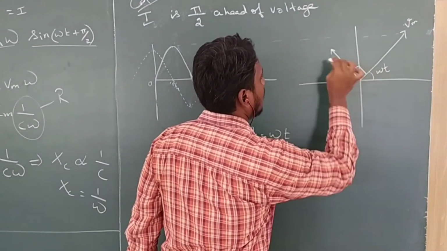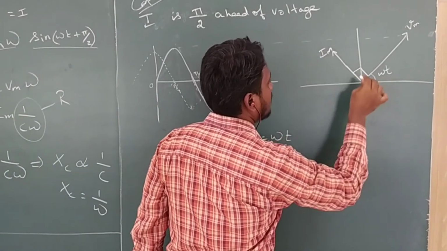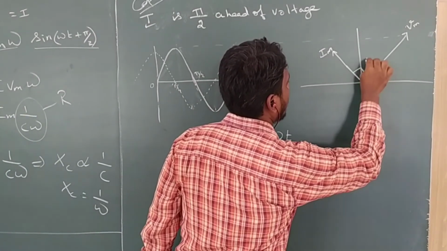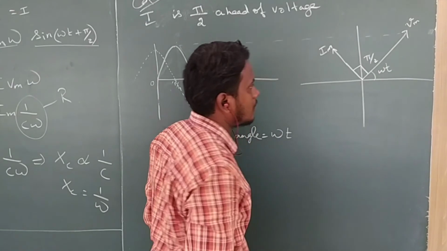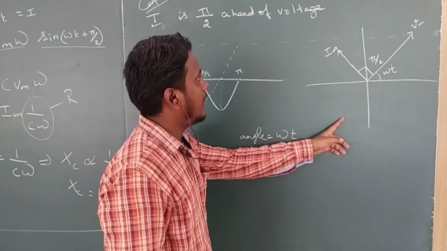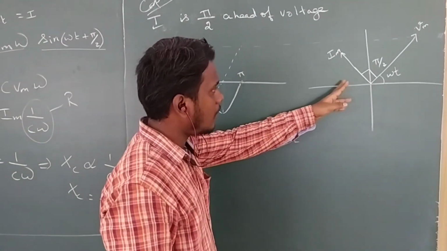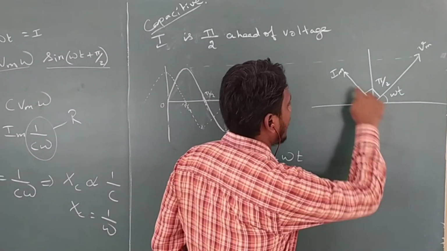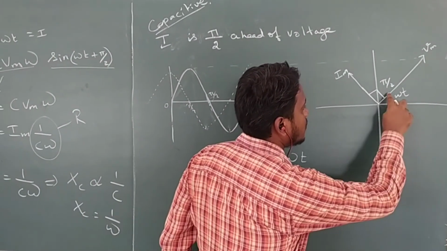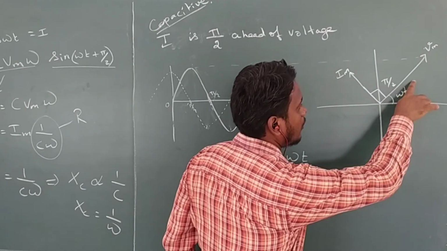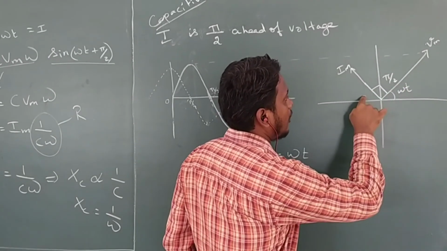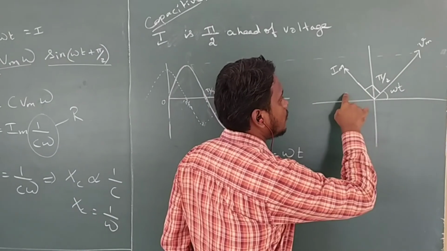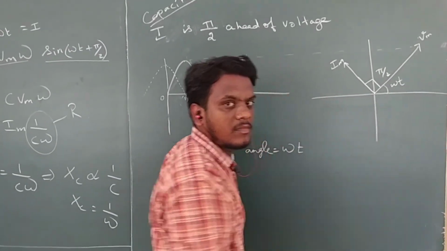That's it, right? This will be Im and this will be pi by 2. So this is the phasor diagram of the capacitive circuit. Just remember, in the inductive circuit we had this Im which was 90 degree behind the voltage. Now it is 90 degree ahead of the voltage. So it comes to the second quadrant. Fine.